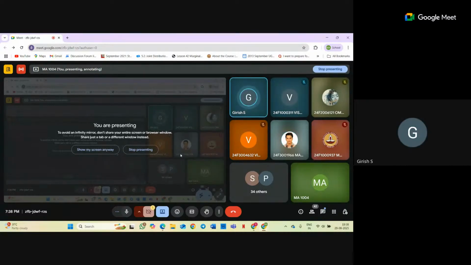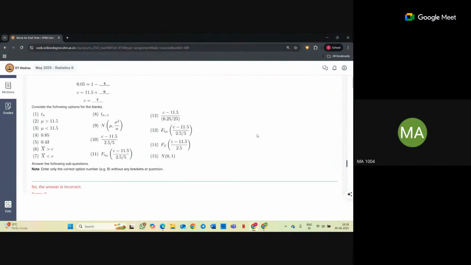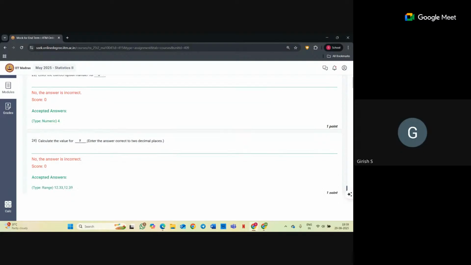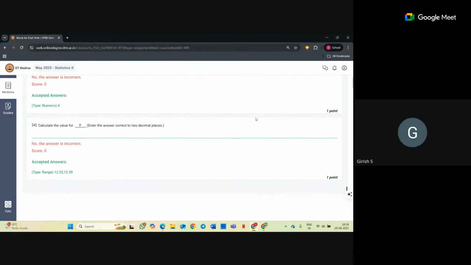Ma'am, I have a doubt in such questions. I have seen somewhere that it is explicitly mentioned to enter the answer correct to 2 decimal places. At the same time, a set of options is also given. In that case, should I put the option number or the value to 2 decimal places?